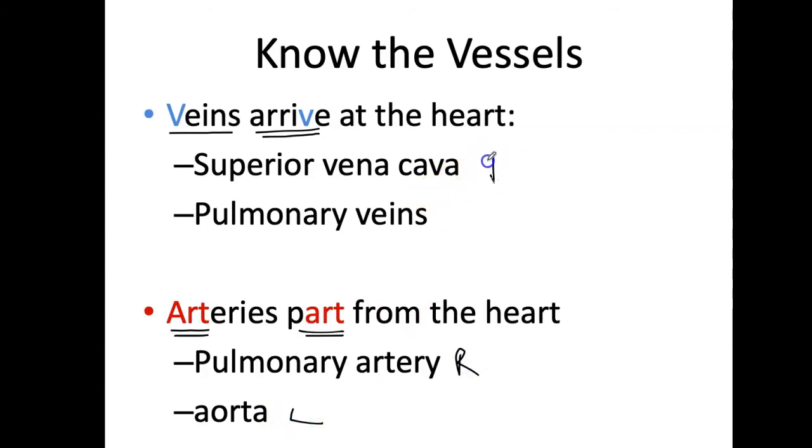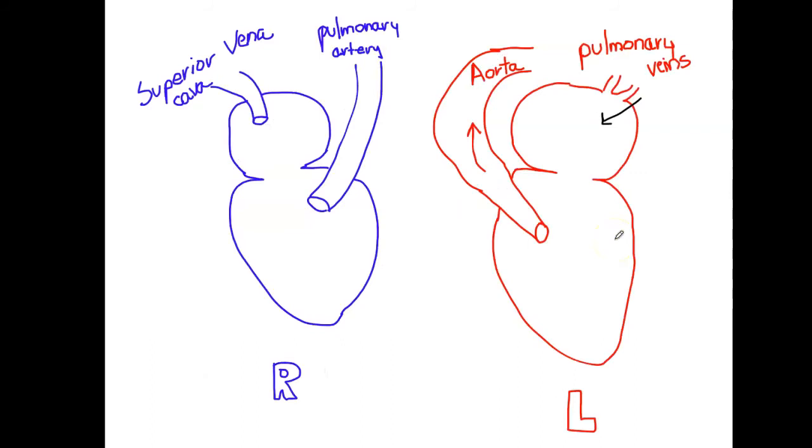So let's go right and left. With pictures, let's do it with pictures. So you have superior vena cava arriving to the right side of the heart. It's bringing that blood in. Blood is coming down in here, and then it's going to shoot out, and it's going to leave through the pulmonary artery. Arriving is a vein, leaving is an artery. So superior vena cava coming in, pulmonary artery leaving.